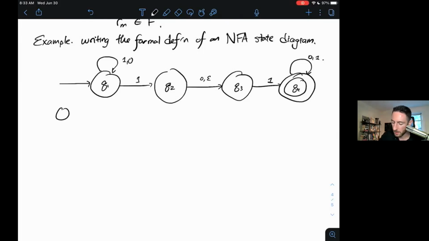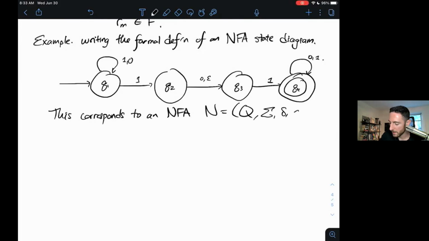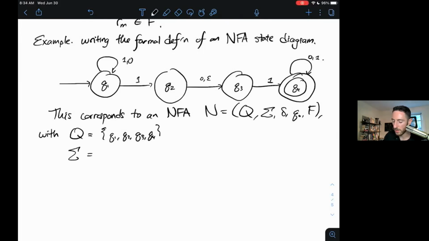So this corresponds to an NFA N equals Q, sigma, delta, Q0, F with Q equals all the states, sigma equals our input alphabet, 0, 1.